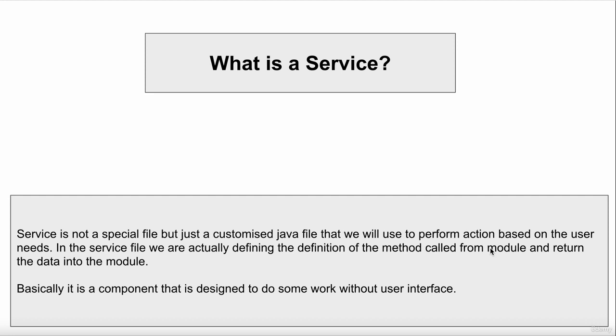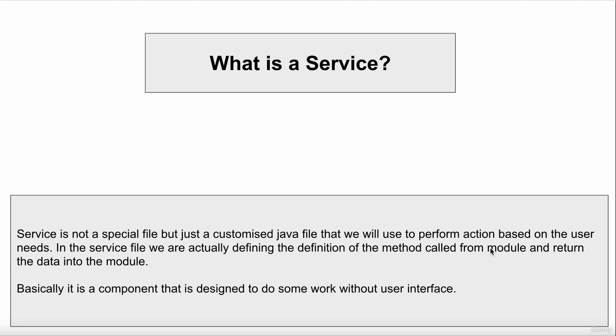Remember in the last slide, we created a get app version info method, right? And we are getting the data from the service. So this is the file where we define how we get the data and return it to the module. Basically it is a component that is designed to do some work without a user interface.